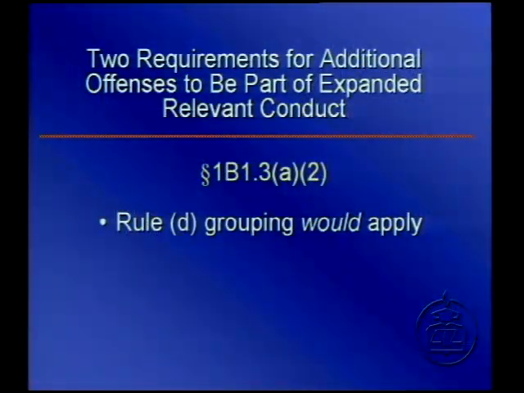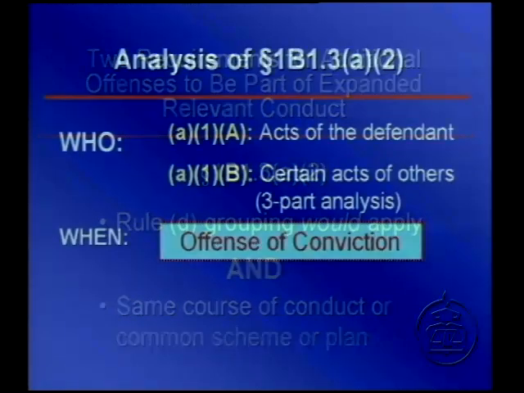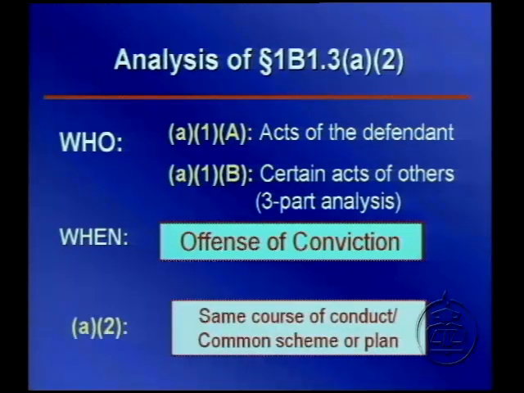But even before we get to that, one thing to keep in mind is you have to make sure it's listed at 3D1.2(d), then see if it's part of the same course of conduct, common scheme, or plan. But don't forget, we're still looking at everything under 1B1.3(a)(1)(A), 1B1.3(a)(1)(B), and your offense of conviction.